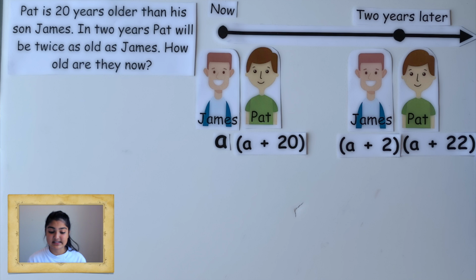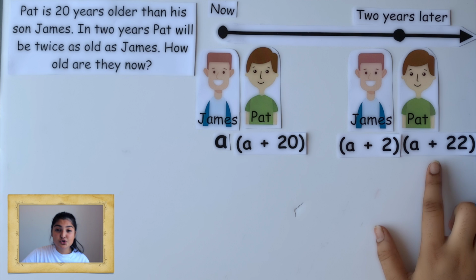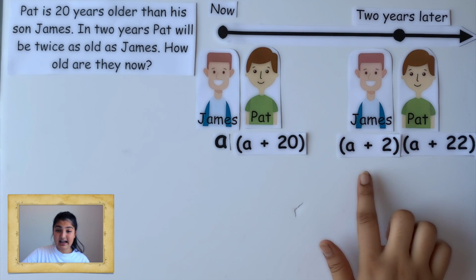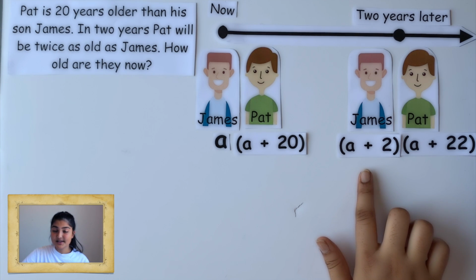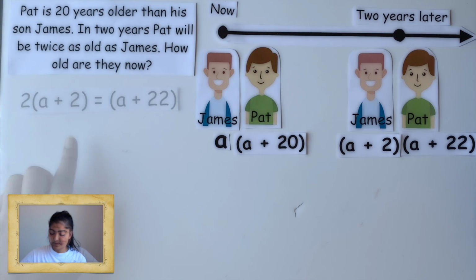Now, the problem tells us that in 2 years, Pat will be twice as old as James. So let's put this into an equation.